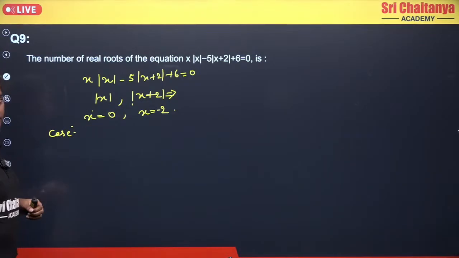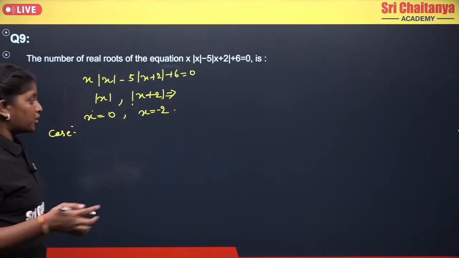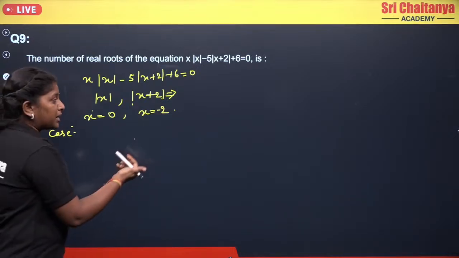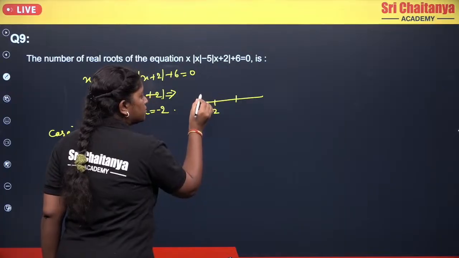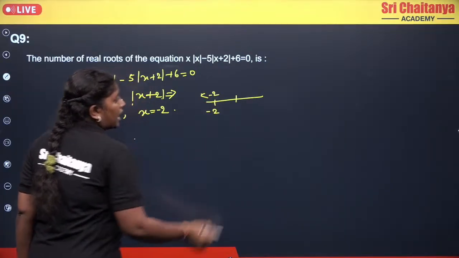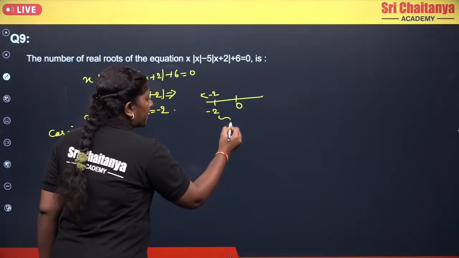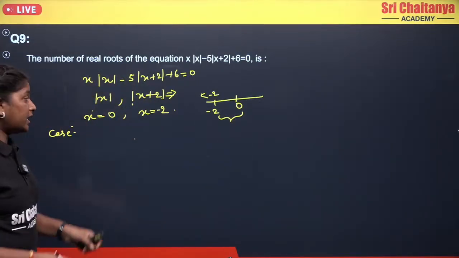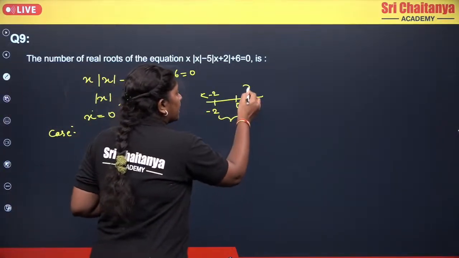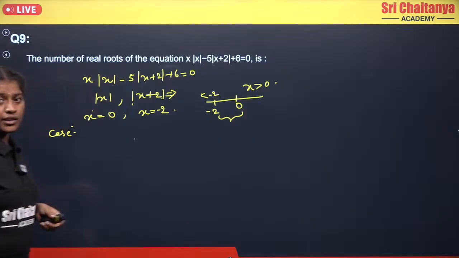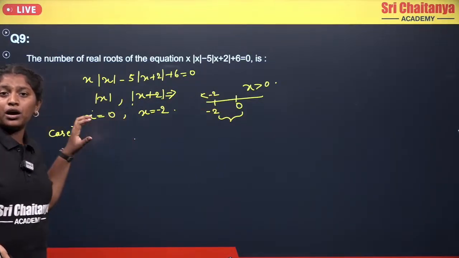So modulus means we can take negative and positive. For the minus 2, if you consider, we will be having our interval like x should be less than minus 2. Clear? Another interval will be minus 2 to 0, and we will be taking greater than 0 also. Now these will be the conditions you have to check.